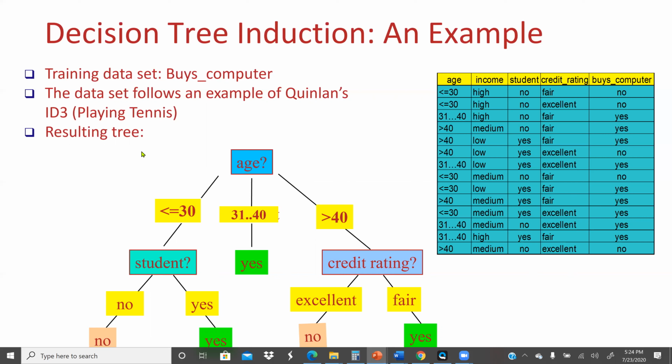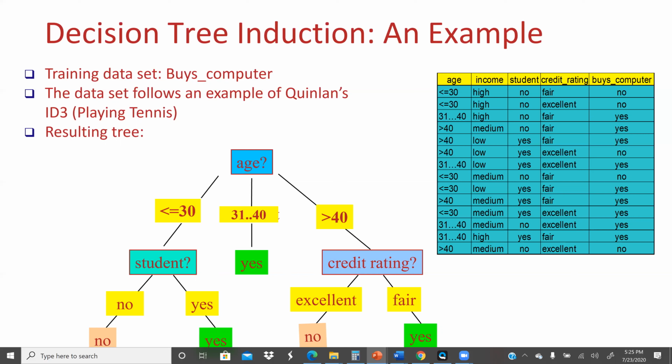So in this case, we start with building our model, which is our decision tree. We check their age. If your age is greater than 40, then we look at the credit rating. Based on the value, if the credit rating is fair, then we say yes, we're going to buy the computer.